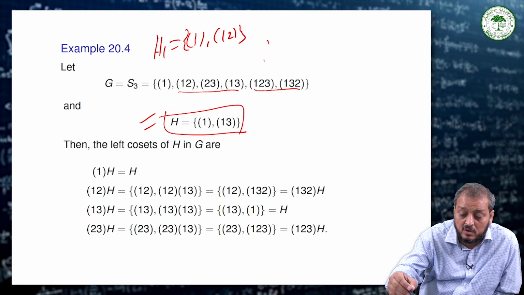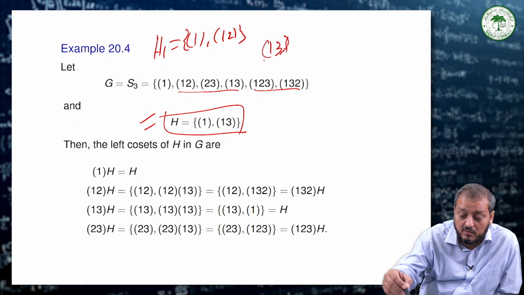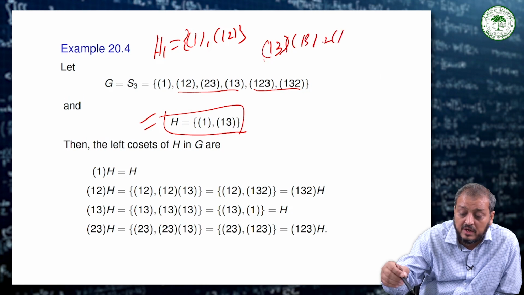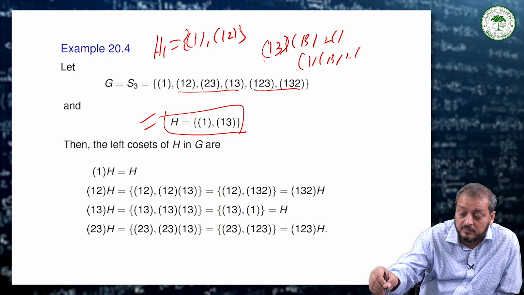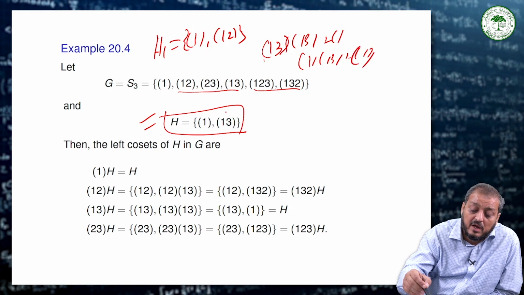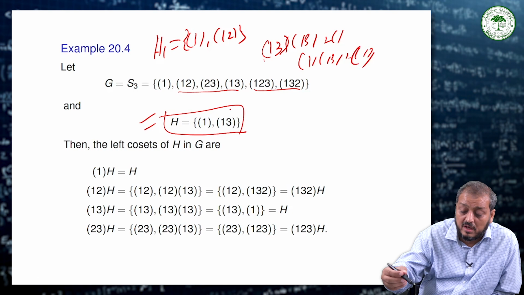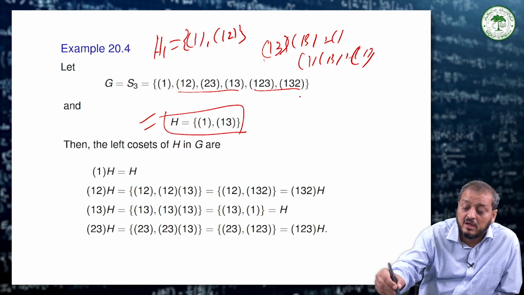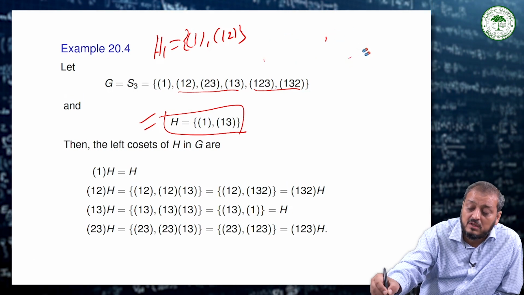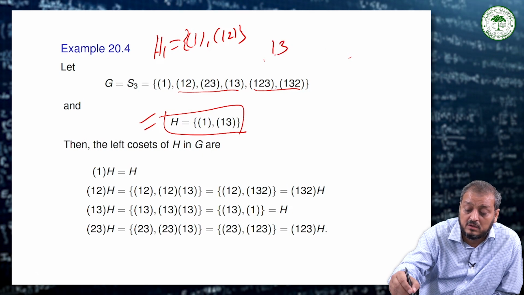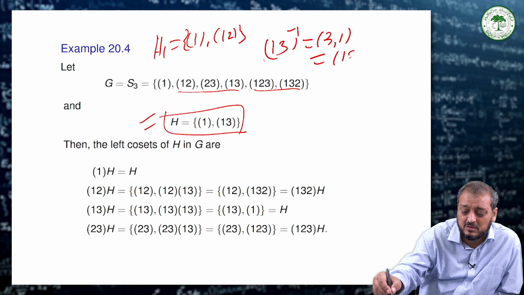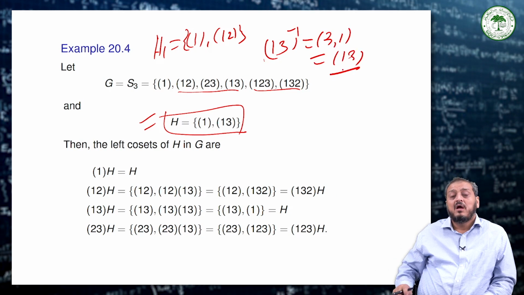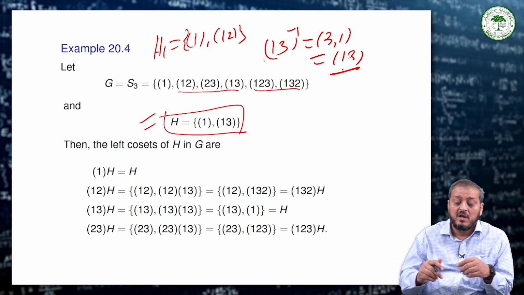It is closed, because (1 3)(1 3) is equal to the identity, and the identity times (1 3) is (1 3). And for the inverse, (1 3) inverse is the same as (3 1), which is also (1 3). So the inverse of (1 3) is itself, and the identity is its own inverse.